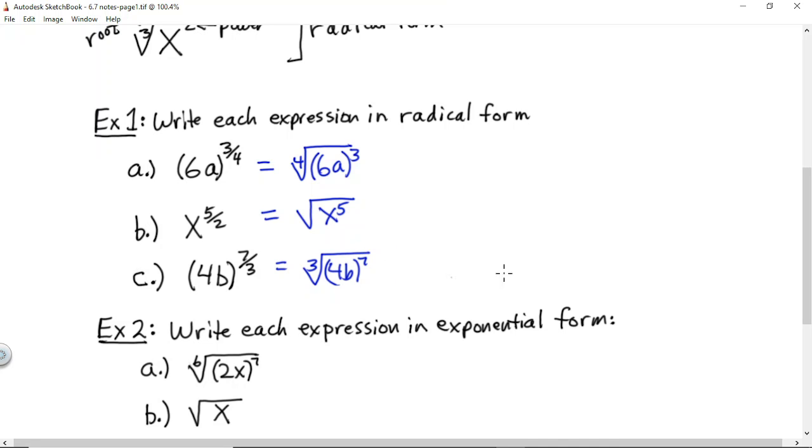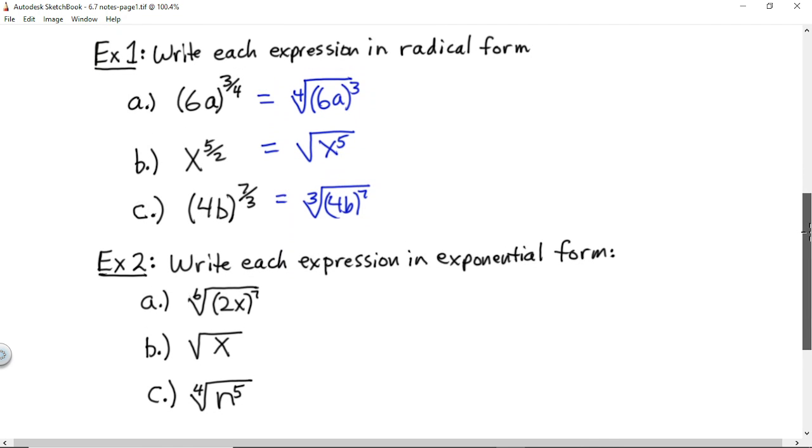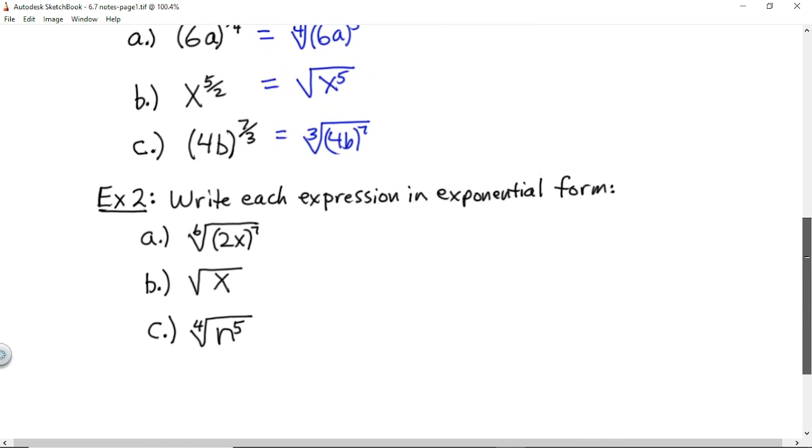Okay, so in the next example, we're going to go from radical form to exponential form. So we're going the other direction. The expressions start out in radical form. We're going to write them in exponential form. Okay, so we have our 2x.